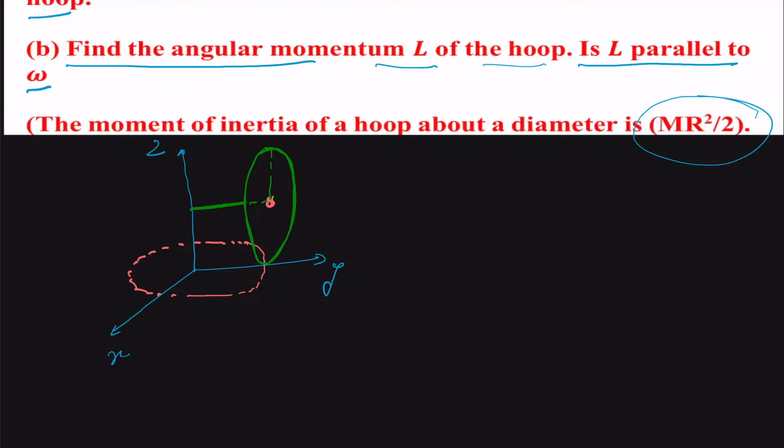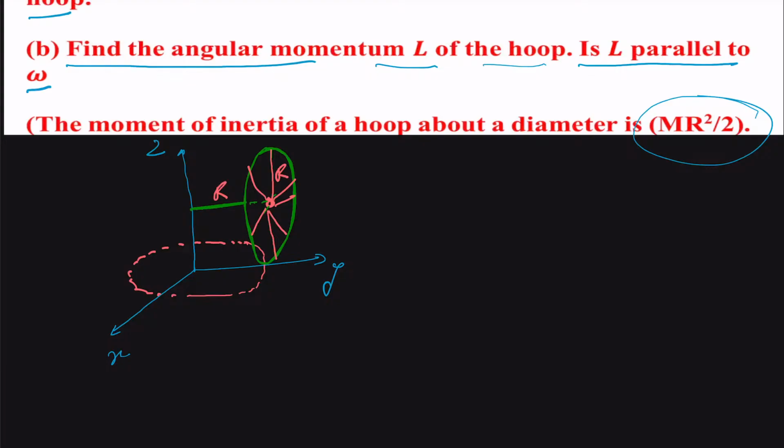So this is our hoop, which is something like a cycle tire. Its radius is given as r and the axle distance is also given as r. So obviously the circle with which it is going to rotate about the z-axis also has radius r.